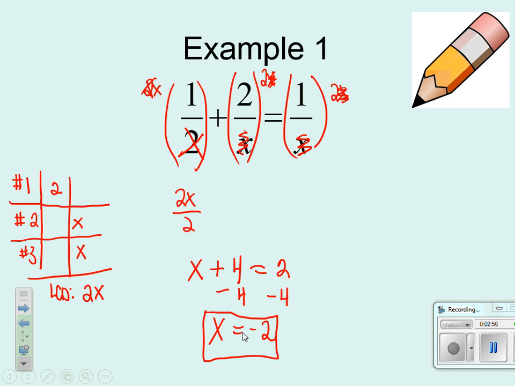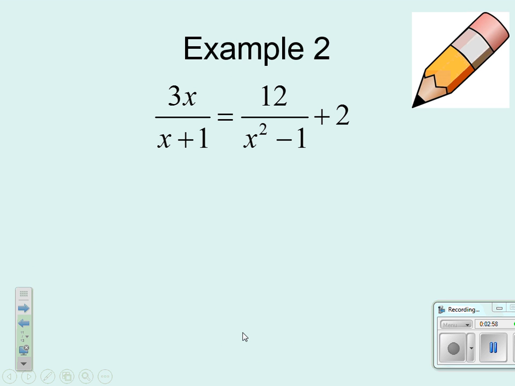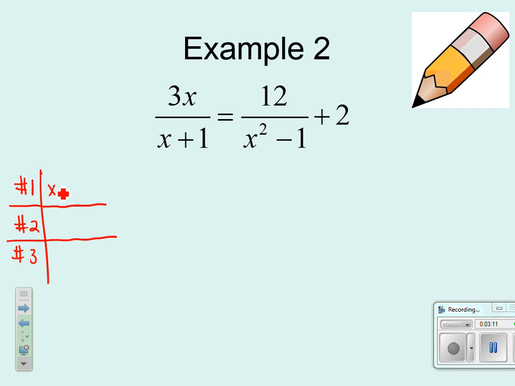Okay, let's try another one. The first thing you need to do is find the lowest common denominator for each one of these fractions. Fraction number 1, all the factors of fraction 1. Will that be x plus 1? Factors of second fraction.